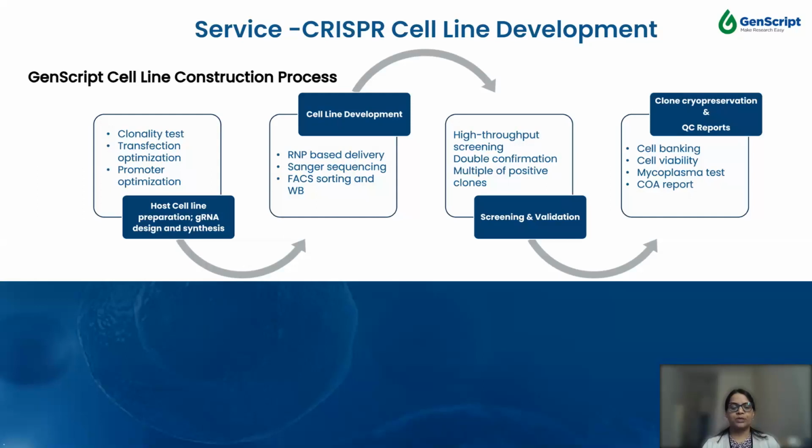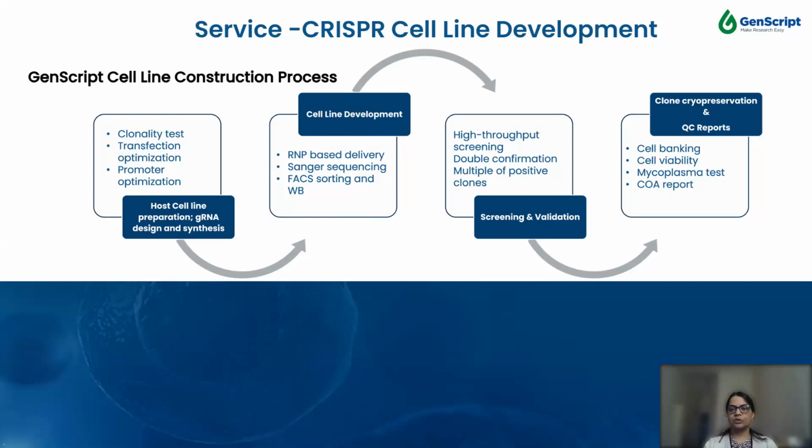So for customers who do not want to do whole cell line development in the lab, and to speed up their discovery and validation work, GenScript offers different CRISPR gene editing cell lines by using chemically synthesized single standard gRNA. We employ an RNP delivery system with high editing efficiency and low toxicity.